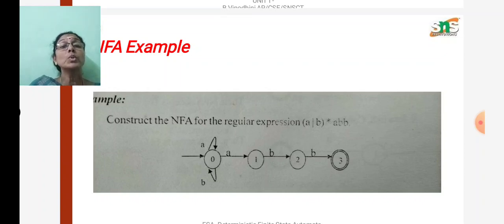When state 0 reads the input symbol a, it goes to the same state 0, and it also goes to state 1. For a single input symbol from a single state it goes to two different states. This is the main difference in the non-deterministic finite automata.